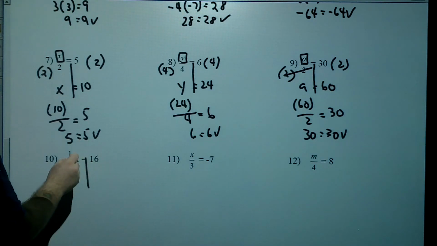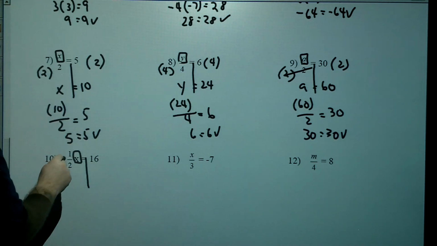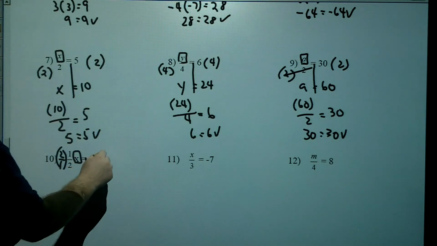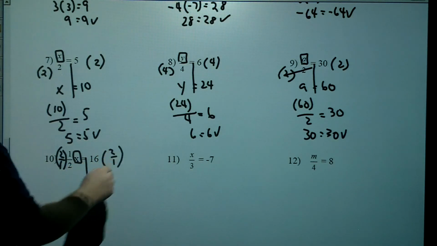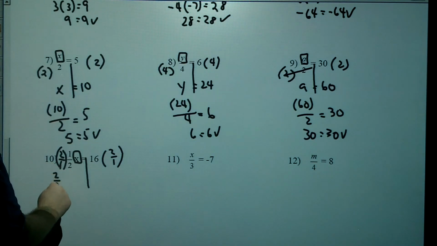Number 10. Now this is a fraction in front of a variable. If I multiply that fraction by the reciprocal, it'll make it a 1. So I want to get rid of the 1/2. I'm going to multiply it by 2 over 1, the reciprocal. So 2 over 1 times 1 over 2 is 2 over 2.